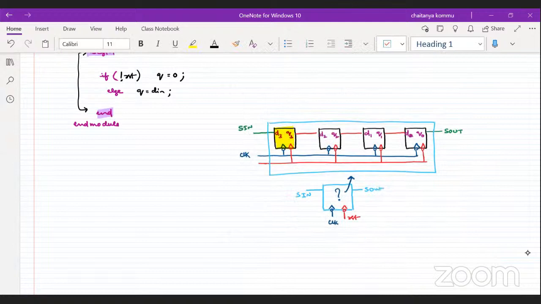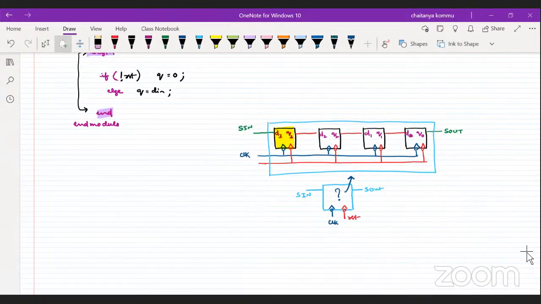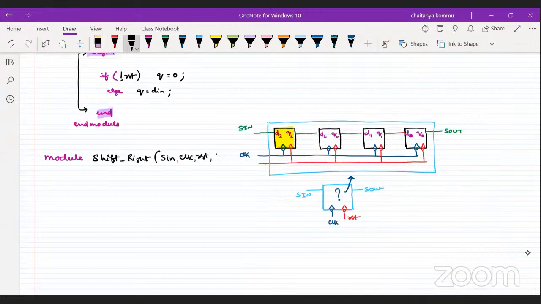So my top level module looks something like this. It is a module, shift register, shift underscore shift right, RIGST right. This is the name I'm giving. SIN, clock, reset, S out.